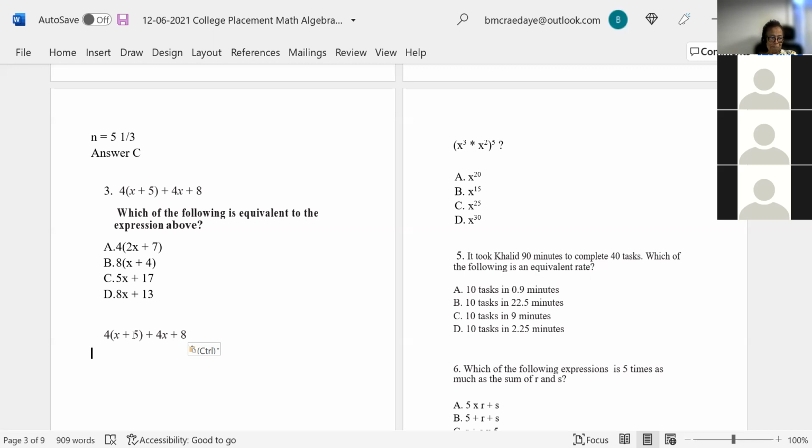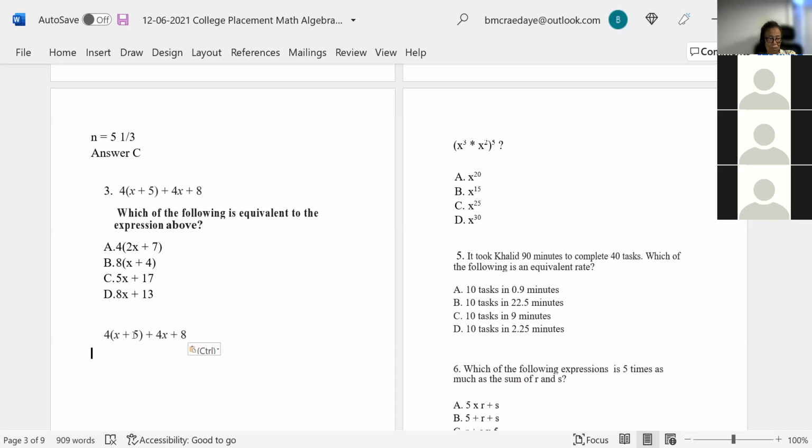4 plus 8, that's 12. You've got to add all your x terms and then add your constants. So x and x, that's 2x. No, you have a 4x and you have a 4x, right?